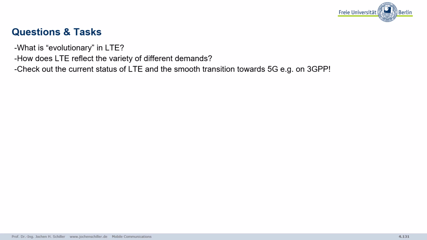So the story of LTE does not stop just because we now say everywhere, well, we have 5G. So check out the smooth transition path from the classical LTE, LTE Advanced, Advanced Pro, now more and more towards 5G. As I said, I will come back to 5G at the end of the lecture.